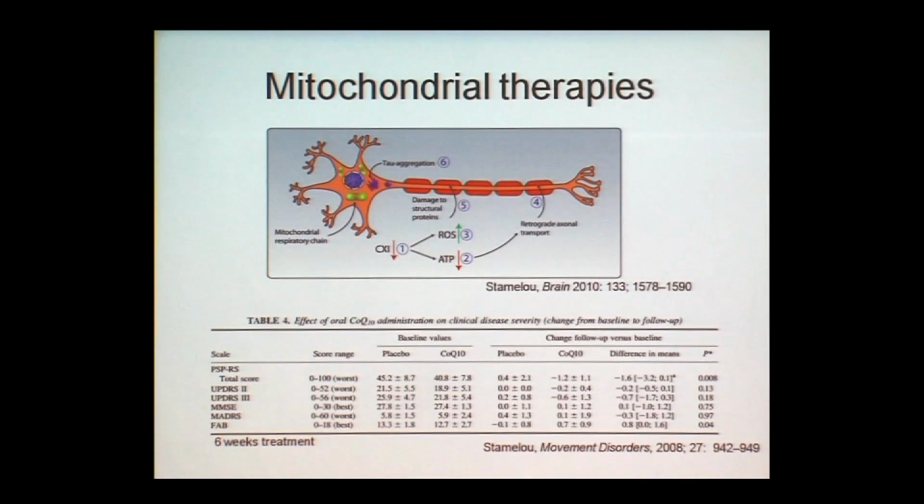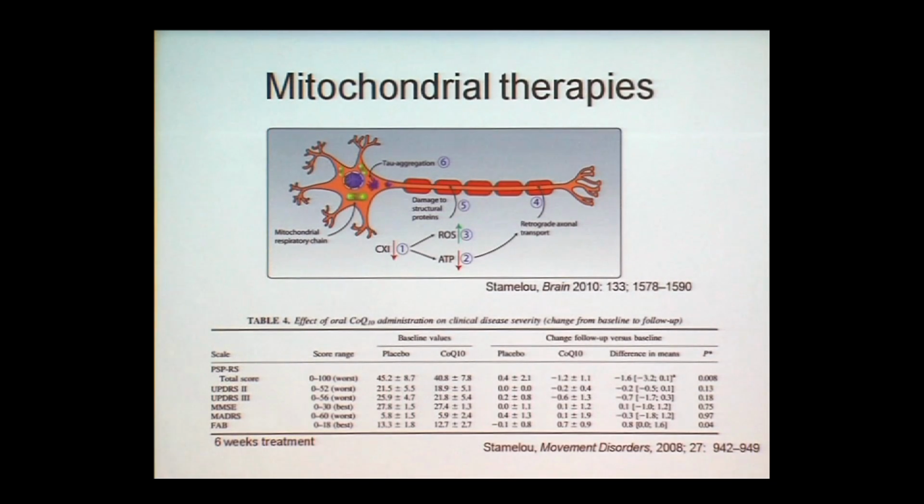And so what types of drugs would we hope to test? Well, one that's actually shown some promise in PSP is something that targets the mitochondria, something called coenzyme Q10. And this is a study by Maria Stamilou and Günter Hoagländer from Munich, where it turns out that mitochondria are the energy centers of neurons.